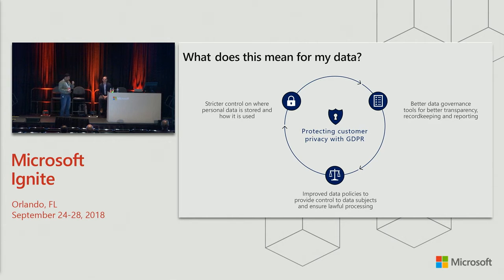Second thing, we had to enforce a lot stricter control on how we manage this data, where we stored it, what kind of people had access to it, what was the purpose of this data that we collected. And when all of this was well defined, we had to go in and build engineering tooling around it so that we can manage this better.